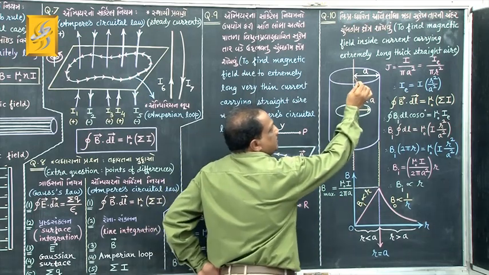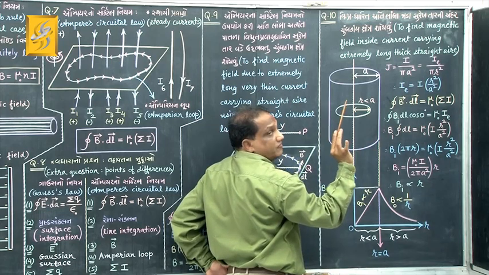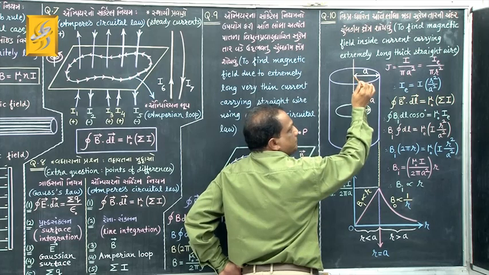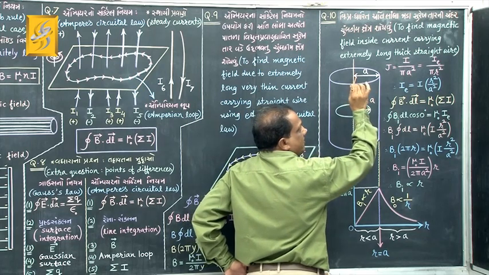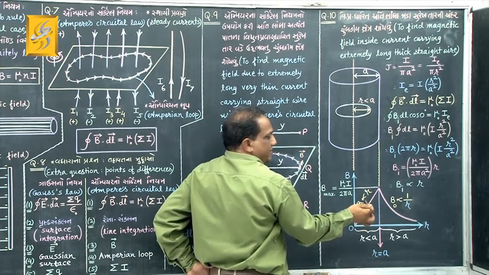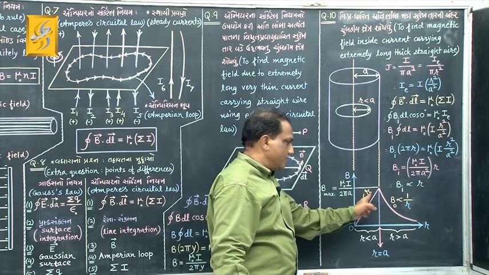So, when you start from the center on the axis of a thick current carrying wire, which is considered extremely long, here exactly the magnetic field is 0. But when you move away from this axis till you reach the surface, the magnetic field increases with direct proportionality with the perpendicular distance, correct.